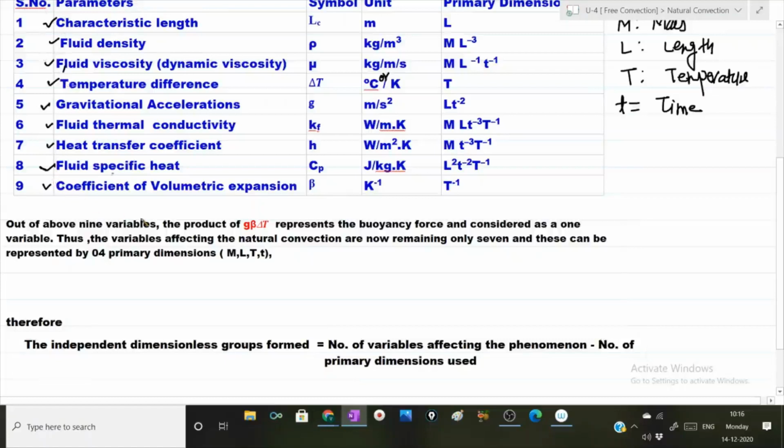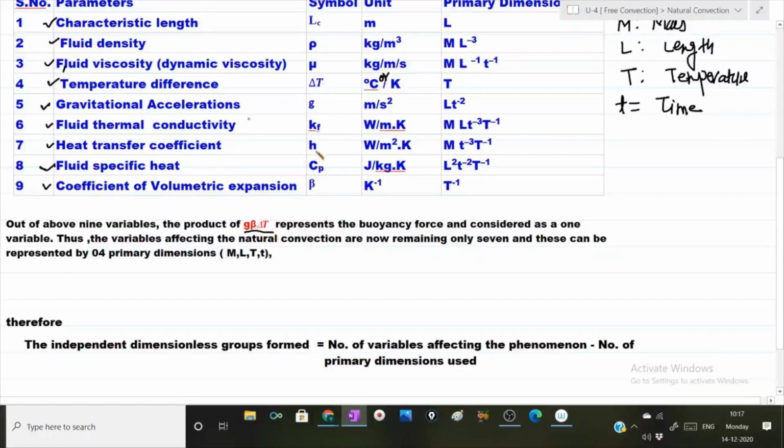Now out of the above 9 variables affecting the free convection phenomenon, the product of g into beta into delta T represents the buoyancy force and is considered as one variable. So instead of considering the effect of g, beta and delta T separately, we have combined them in the form g beta delta T, and this expression is called the buoyancy force.